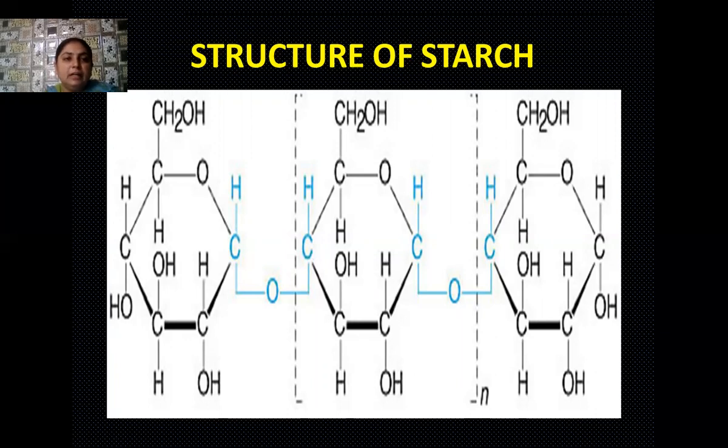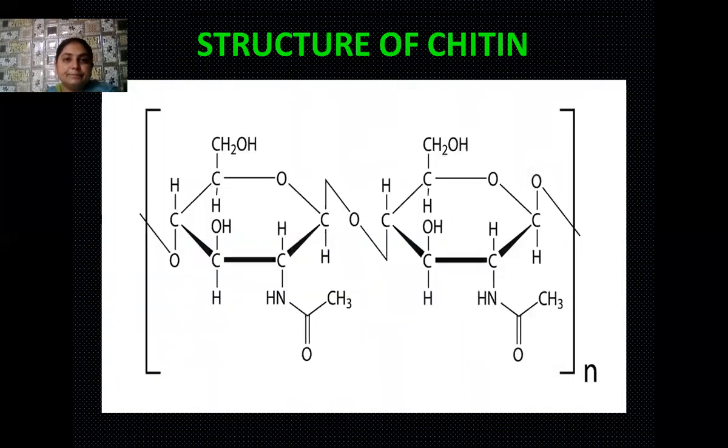present in carbohydrates. Yes, students, this is the molecular structure of another type of cell wall composition that is present in fungi, and it is commonly known as fungal cellulose or chitin. So here I have shown you the molecular structure of this chitin molecule. Again, you can see very easily the formation of the glycosidic bond here.